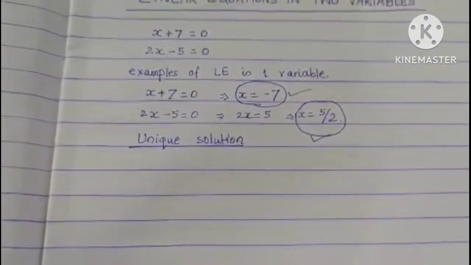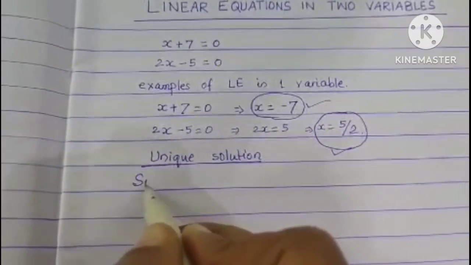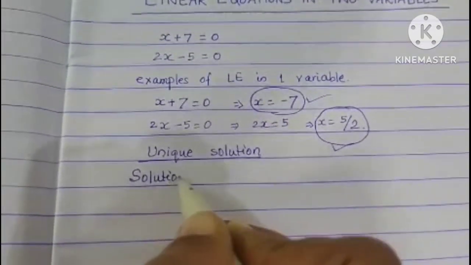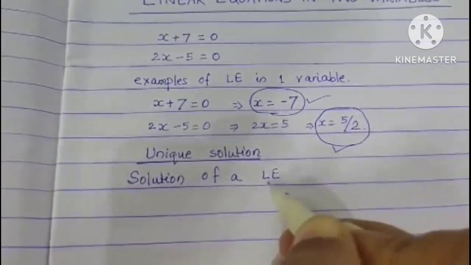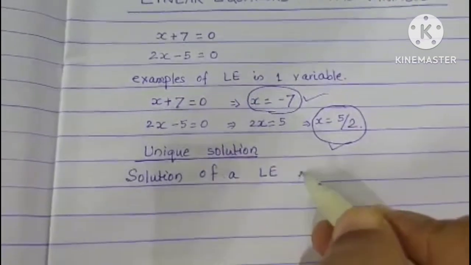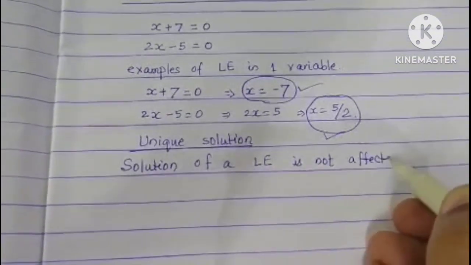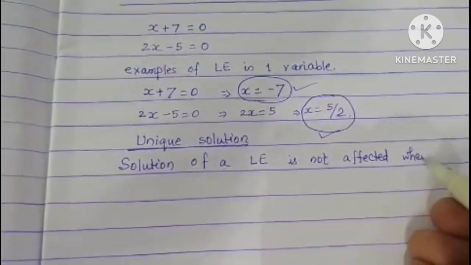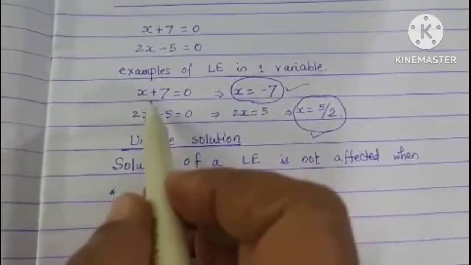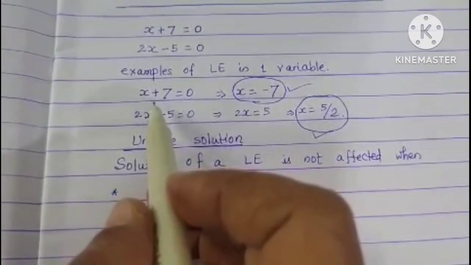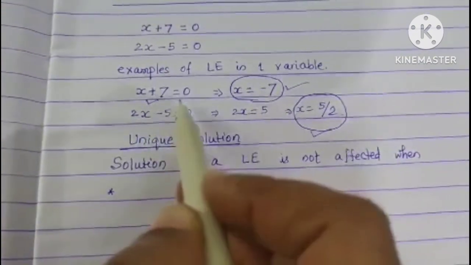Now let us understand one more thing, that the solution of a linear equation (LE) is not affected in 2 cases. First one is, if you add or subtract anything to both the sides of the equation, suppose x plus 7 equal to 0.